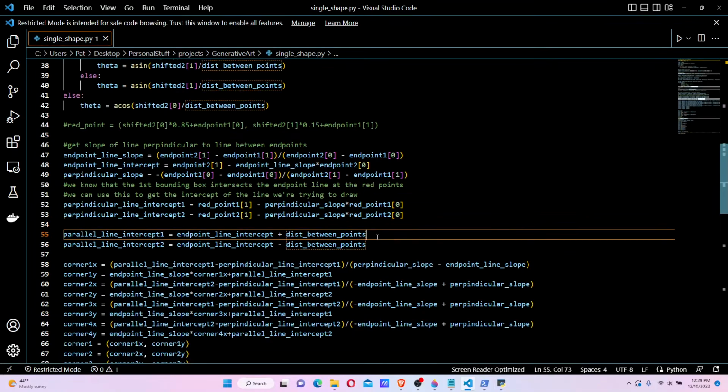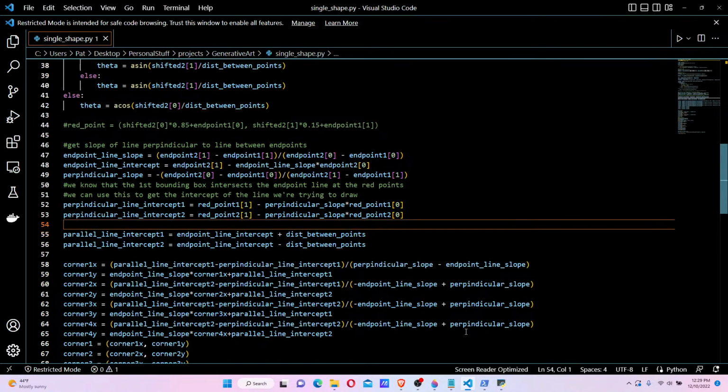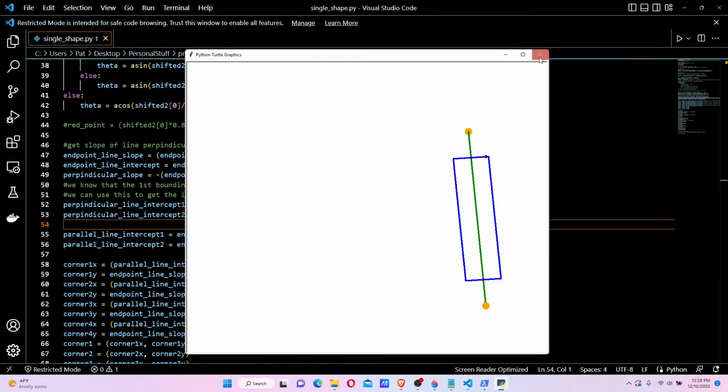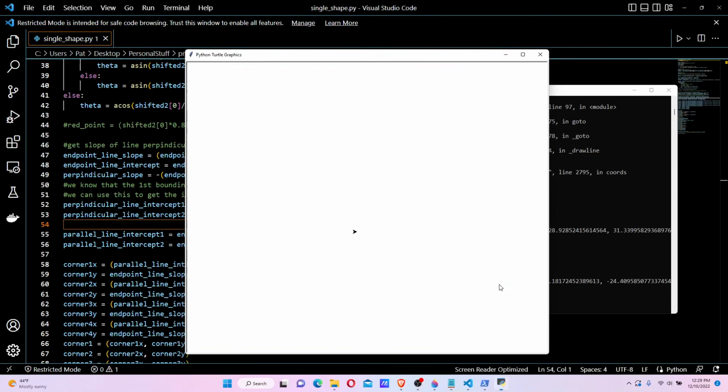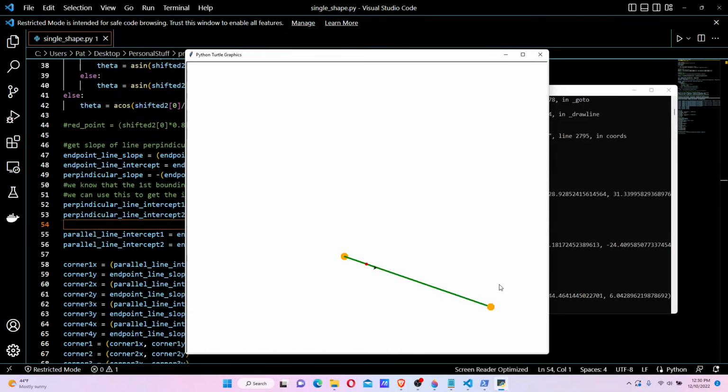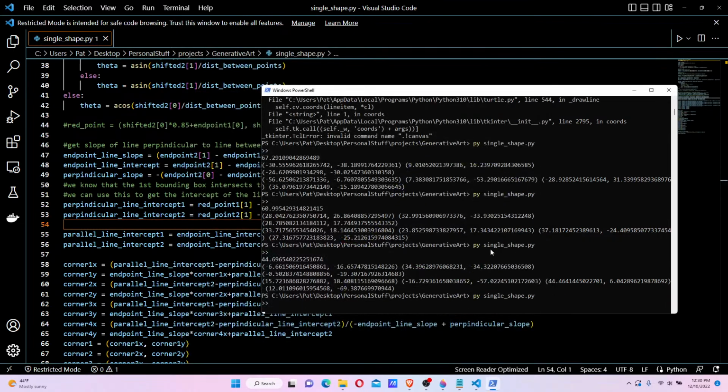Parallel line intercept 1. So I wonder if each one of these boxes that it draws are different proportional dimensions. So why is that different every time?